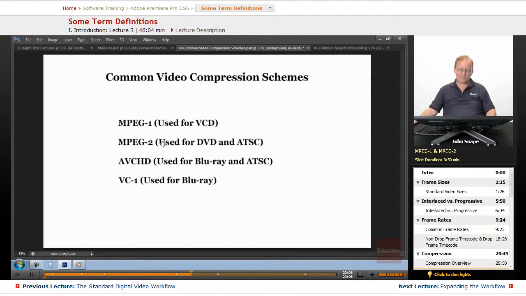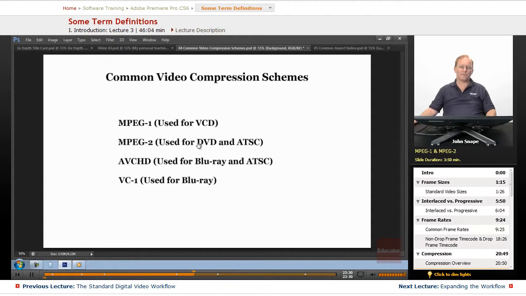So DVD actually uses MPEG-2. Now MPEG is the Motion Picture Experts Group, and the 1 and the 2 are two different ways of compression. The MPEG-1 was the first one, and that didn't have a licensing fee. They released it so anybody can use MPEG-1 compression for free.